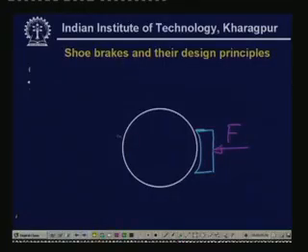So, this is not desired. We do not want to overload the bearing. Therefore, what is done normally is that there are two similar shoes and these forces are applied.